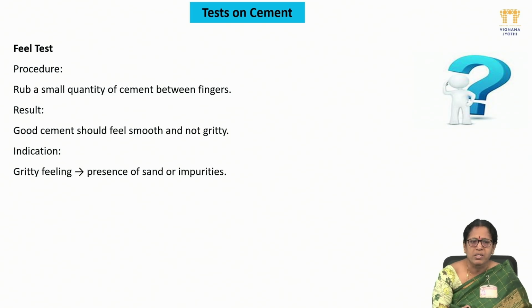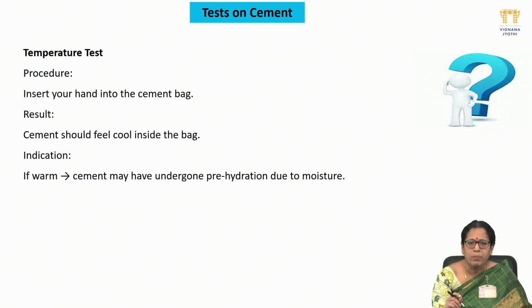Coming to the next field test, rub a small quantity of cement with your fingers. You should feel smoothness. If you feel gritty with your fingers, it implies that your cement has some sand particles or impurities in it. And going to the temperature test, once you open your cement bag, insert your hand into it. If you feel cool, then you can say your cement is of good quality.